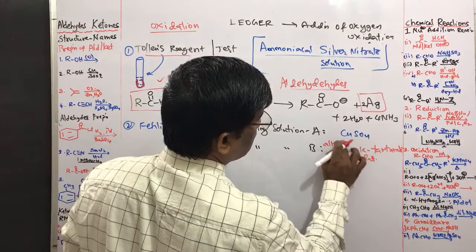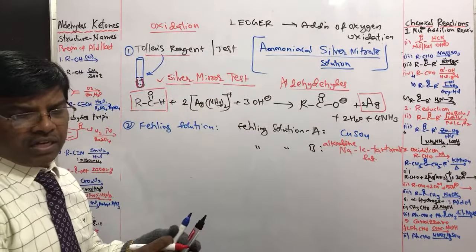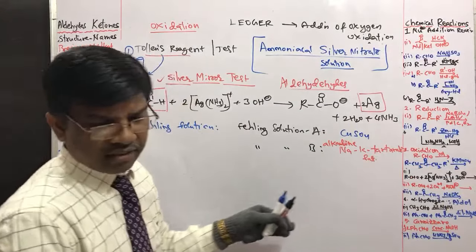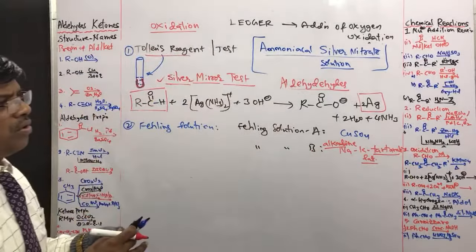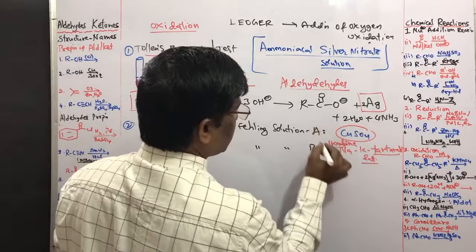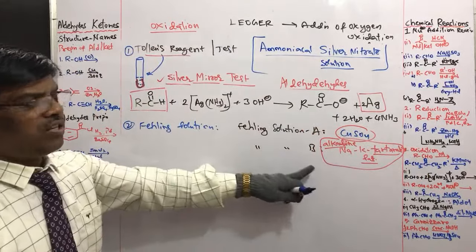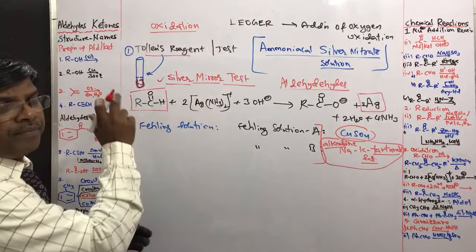Alkaline means it is there in alkaline solution. Alkaline sodium potassium tartrate. Thank you, Yadav. Alkaline tartrate salt. So before testing your aldehyde, take this copper sulfate solution A and alkaline sodium potassium tartrate solution B and mix to give Fehling's solution.